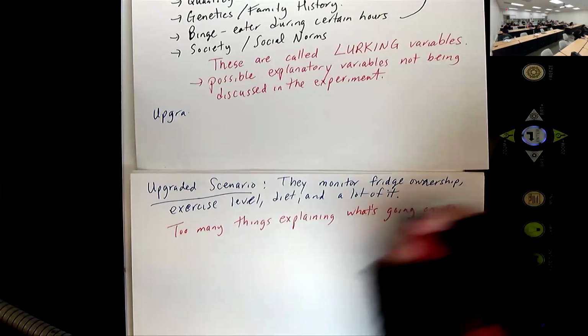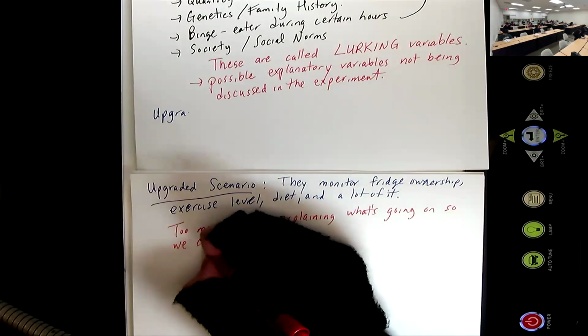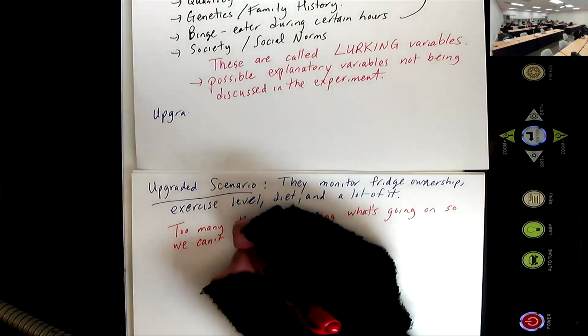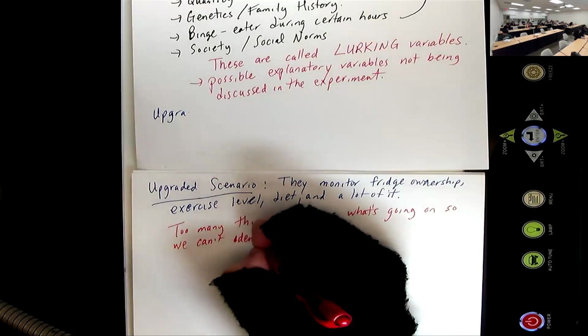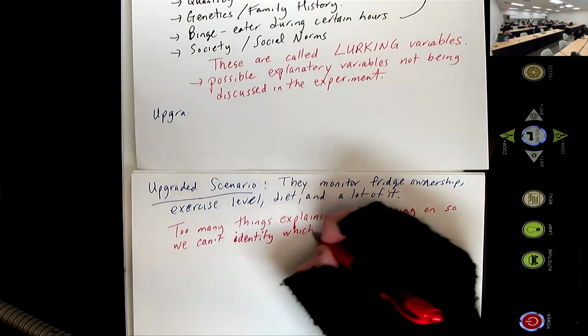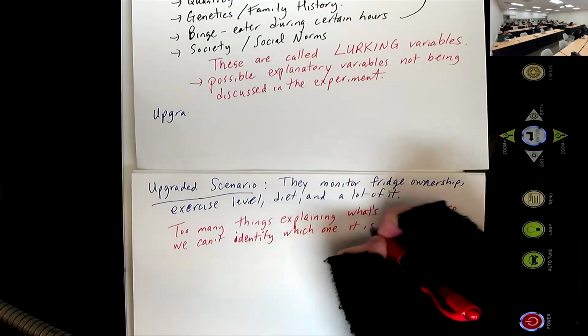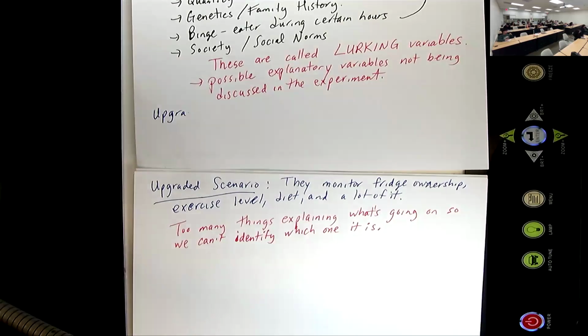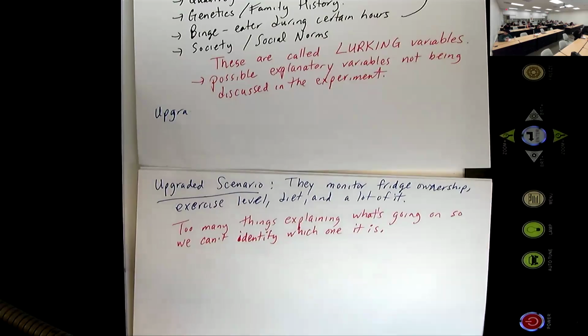So we can't identify which it is. These are called confounding variables.